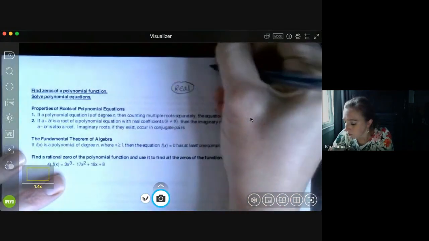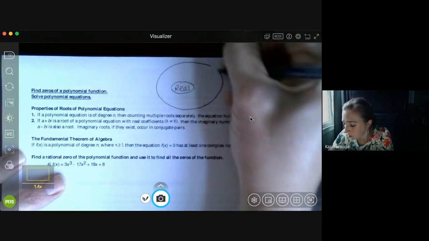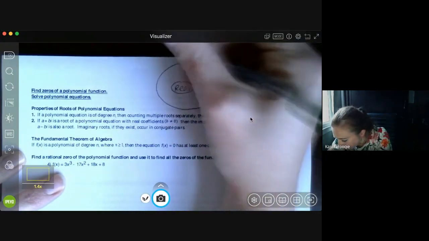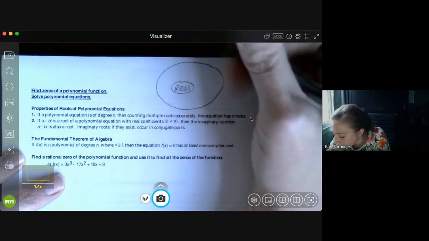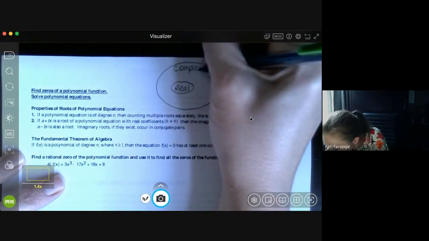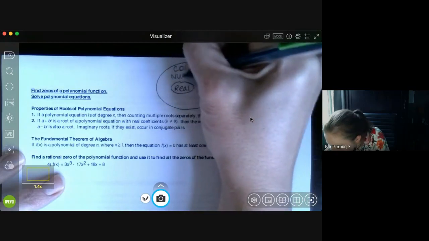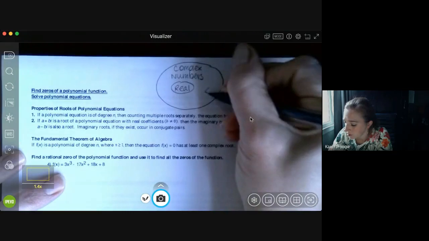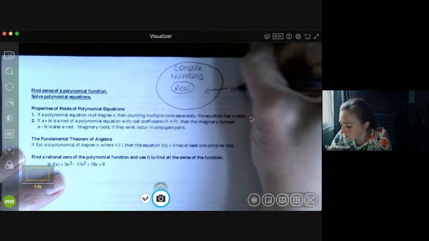But then you have a different set called imaginary numbers. But these all fall under complex numbers. So this set out here includes imaginary numbers.